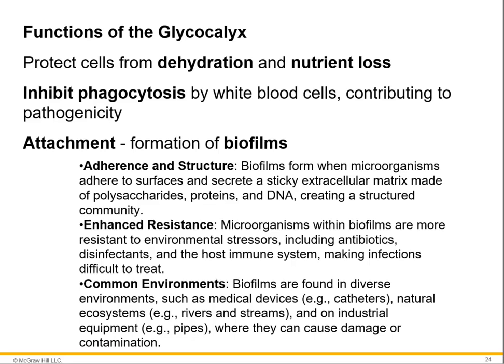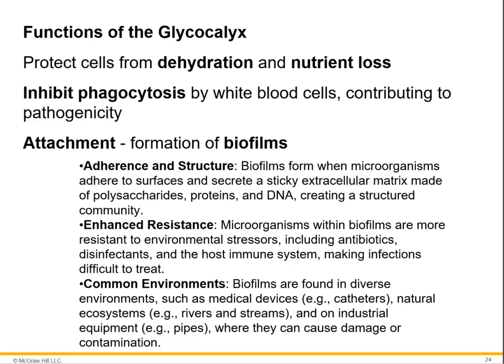From being able to phagocytose them. And that's going to contribute to the bacterium's pathogenicity, meaning its ability to cause disease. Okay, and the glycocalyx is also going to function in attachment. And this is important in the formation of biofilms.